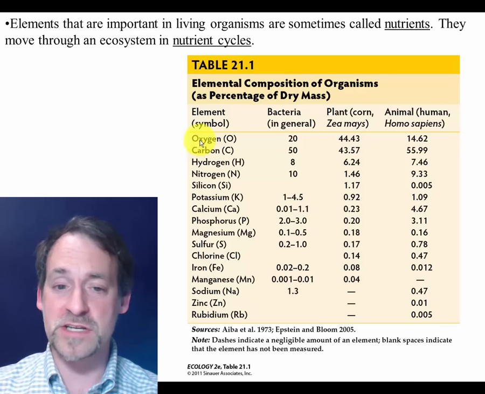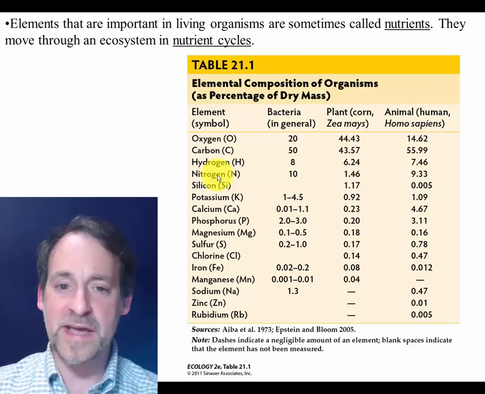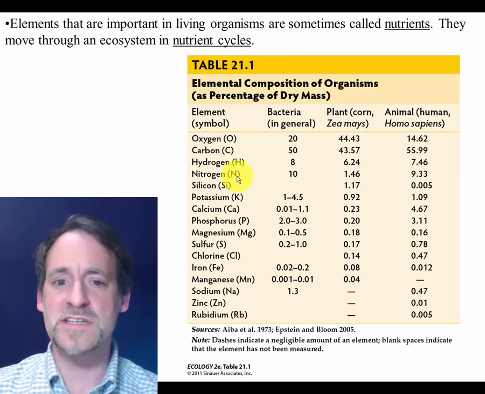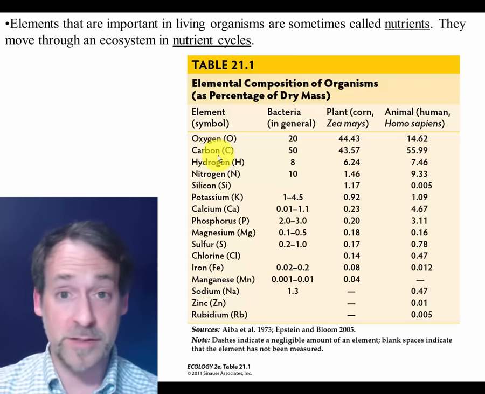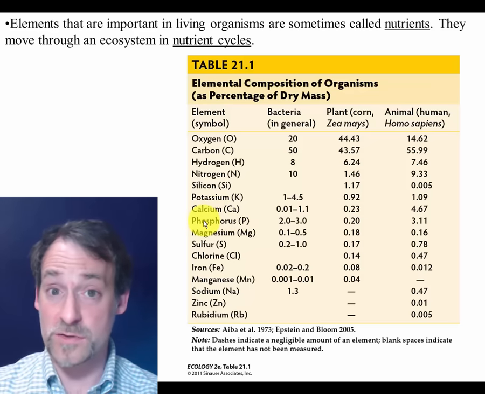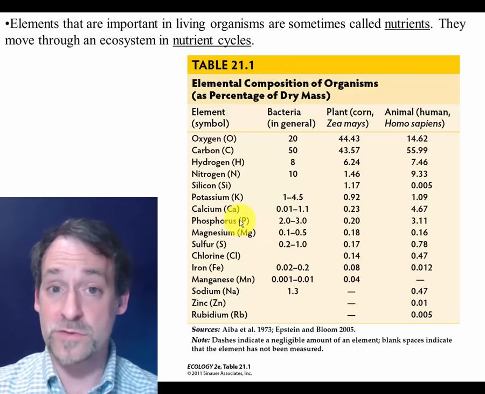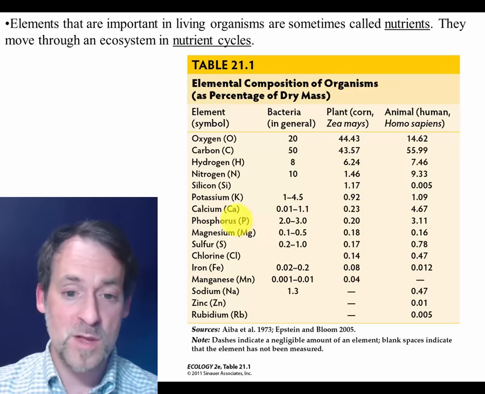And we're going to be particularly interested in carbon out of these three. Next up is nitrogen, which is also very important, even though it's much less common than hydrogen or oxygen. And then way down here, there's phosphorus. Another nutrient for which the cycling is very, very important.